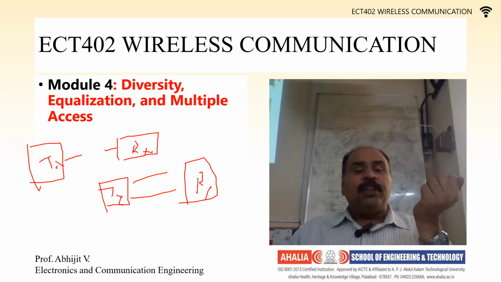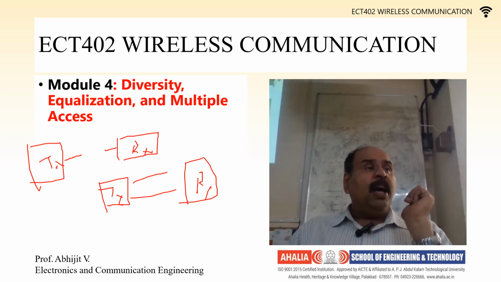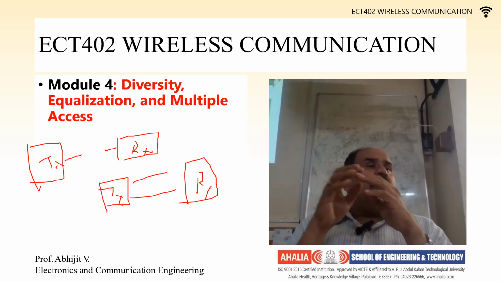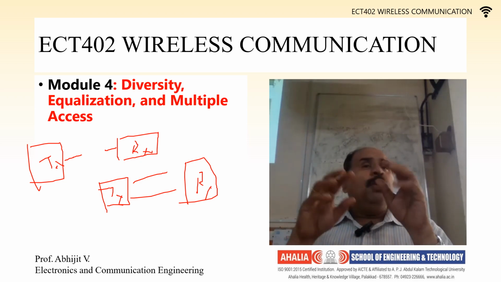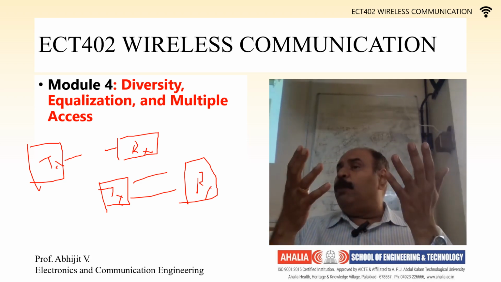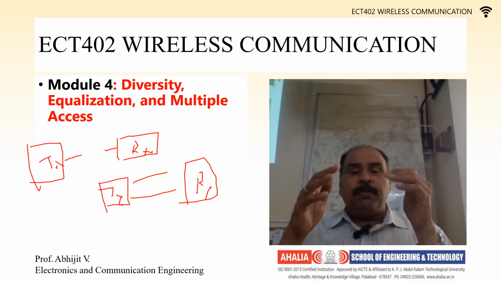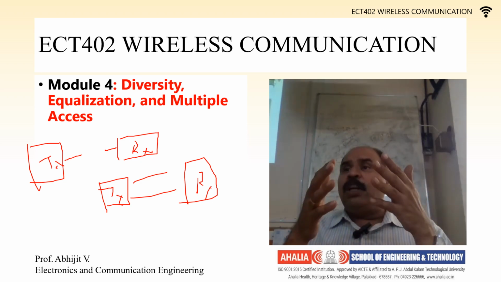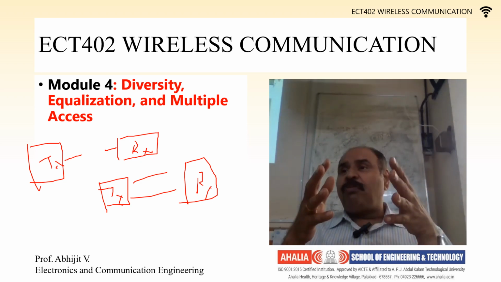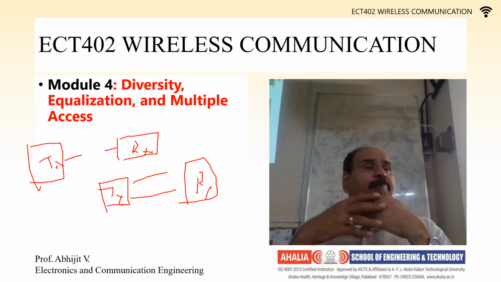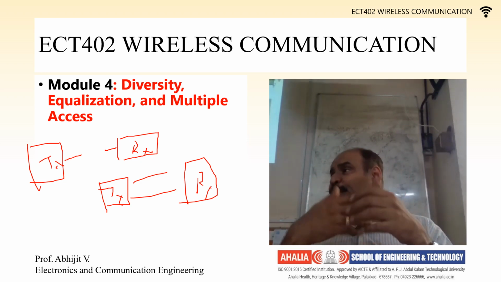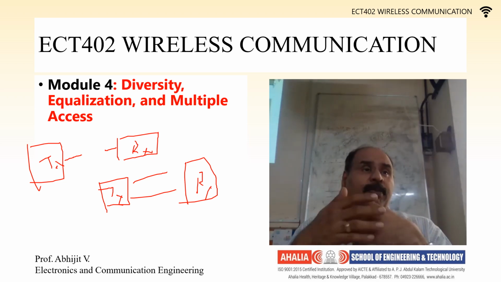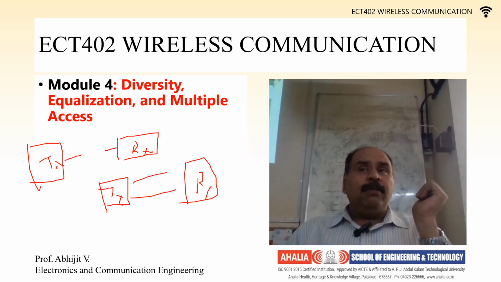This data is being transmitted from here to here through other different paths. So by diversity what we mean is that we have multiple copies of the transmitter information that is being transmitted to the receiver through different means. We have different types of diversity. We will be going through all the different types one by one. So this is called as diversity.